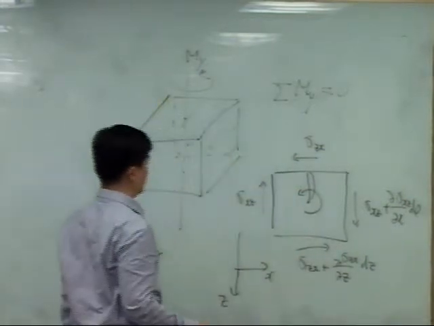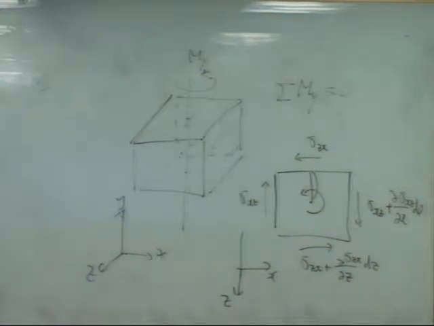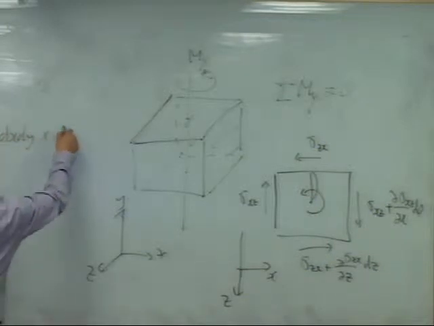This is a moment. That is multiplied by dz over 2, right? Okay, and minus sigma zx plus the change of zx in z, multiplied by dx dy, multiplied by dz over 2.